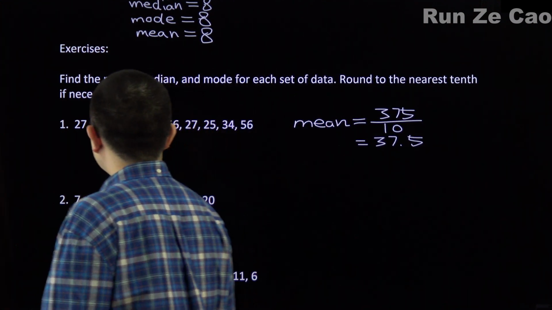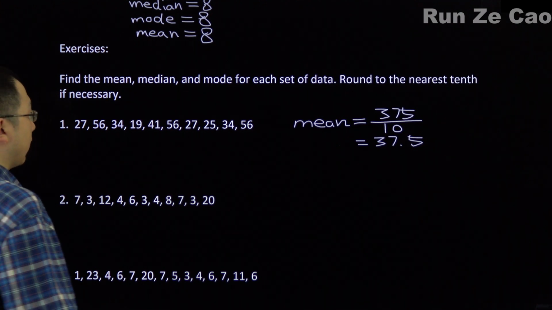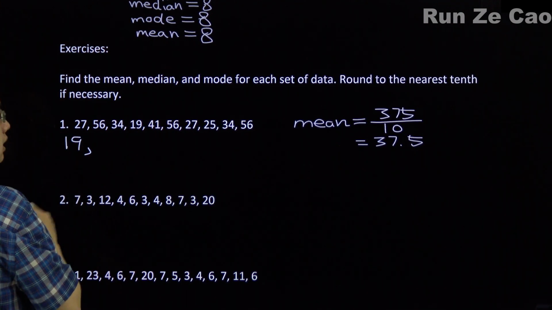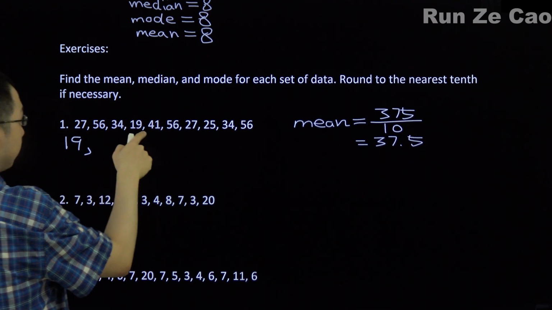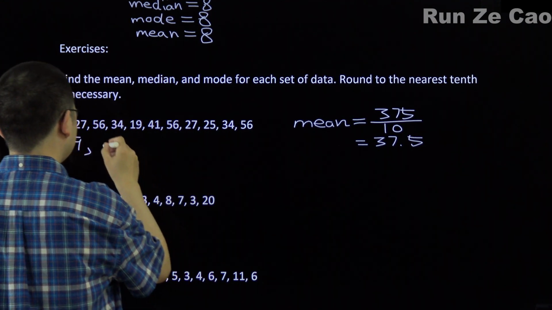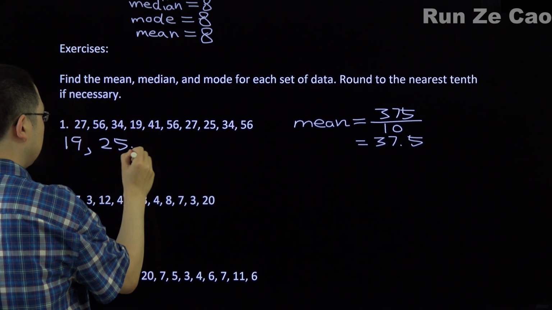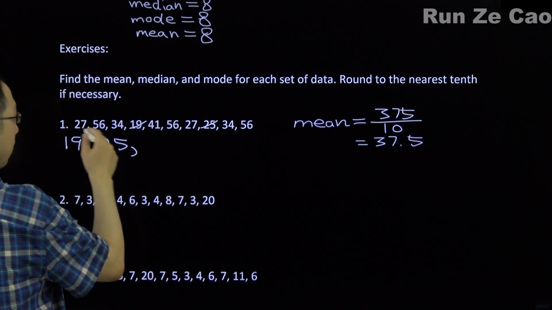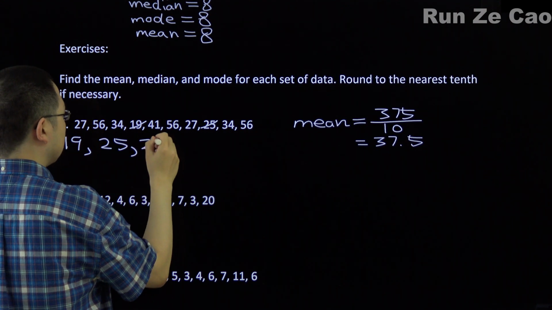Okay, then, for the median, we need to rewrite this in order. So 19, and the next one up is 25, okay, 25. Yeah, we should cross those out. And then we have 27, specifically 2 of them.